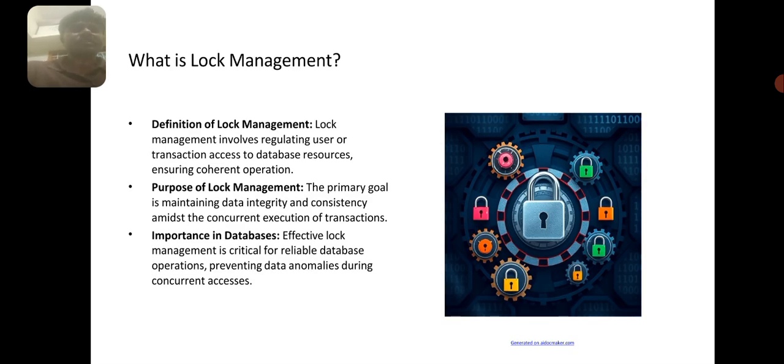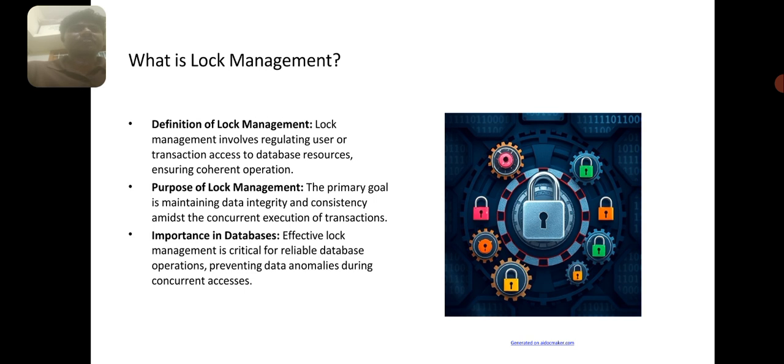First we discuss what lock management is. Lock management involves regulating user transactions' access to database resources. It ensures data operations are controlled during access by transactions, including the data resources.